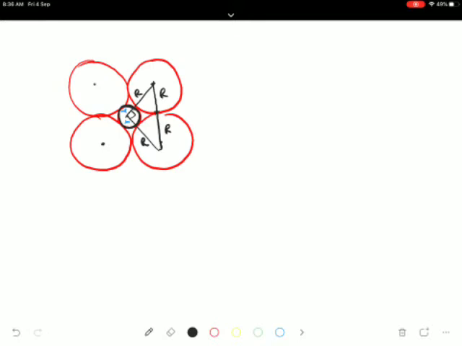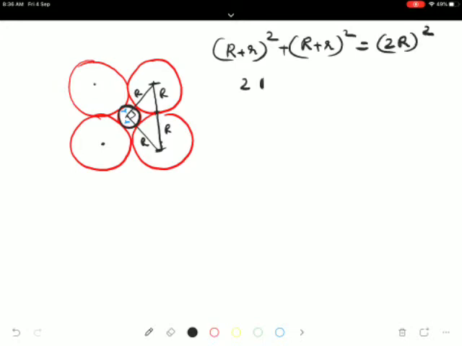So, in this Pythagoras triangle, you can write the equation, that is (R plus r) whole square plus (R plus r) whole square is equal to, from here to here, that is (2R) whole square. Or you can write 2(R plus r) whole square is equal to 4R square.